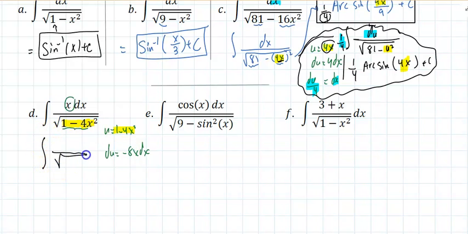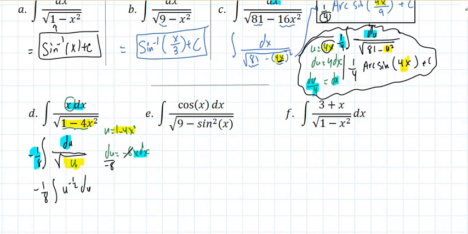So if we could see this by now, we covered the u sub over and over. If you didn't really get it, you should review what we did before. X dx is right there, so divide by negative 8, and there it is. So this is not an inverse trig function. This is simply a u sub, and that would be a negative 1/8, and if you recall, that's u to the negative 1/2 du.